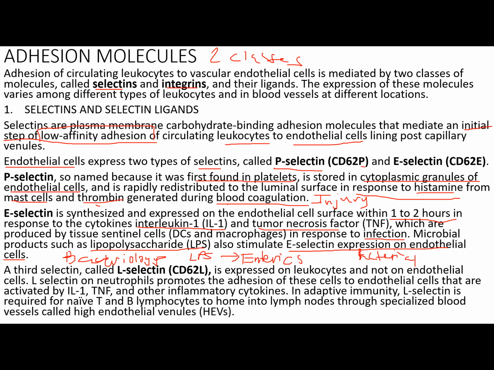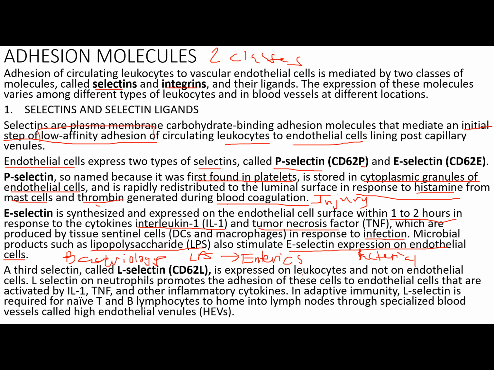This would occur due to your dendritic cells and macrophages. And lipopolysaccharides, which are found in some bacteria such as your enterics, can also stimulate E-selectin.